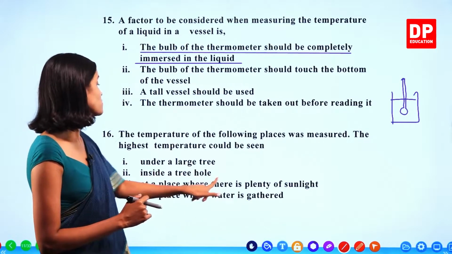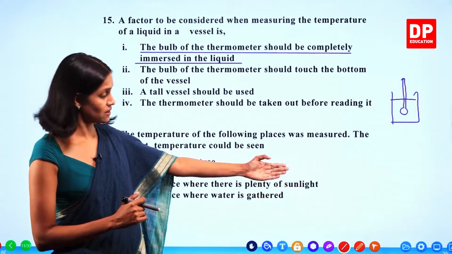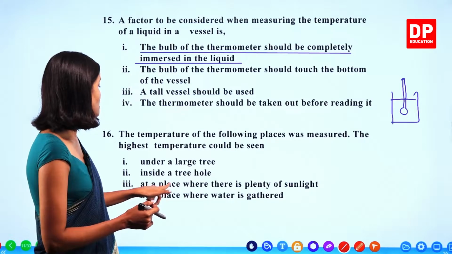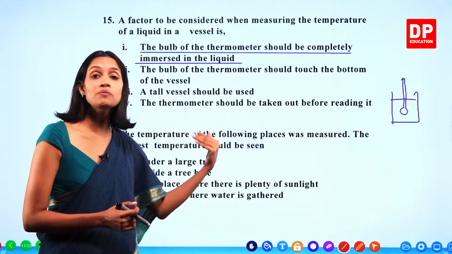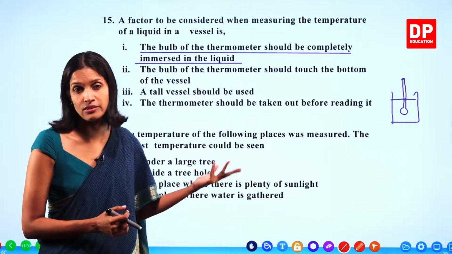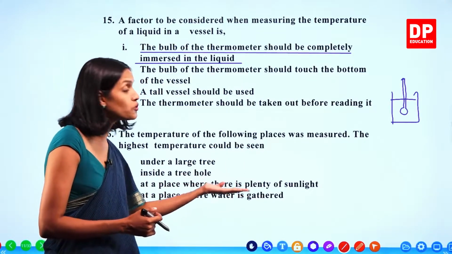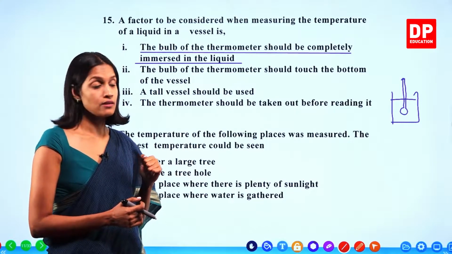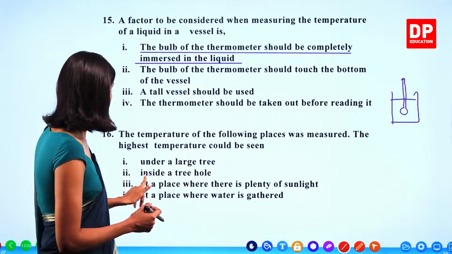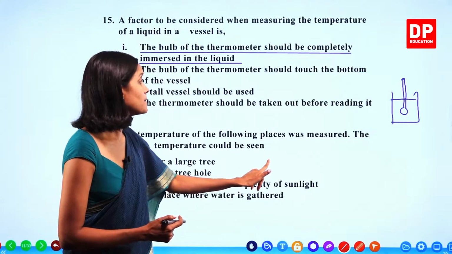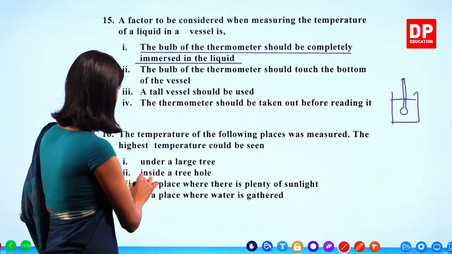At a place where water is gathered, no, because water can absorb a lot of heat. Therefore, the temperature of water rises slowly. Therefore, the highest temperature could be seen at a place where there's plenty of sunlight.